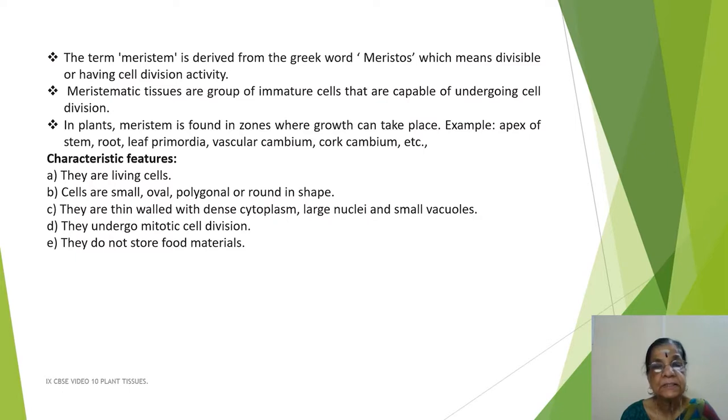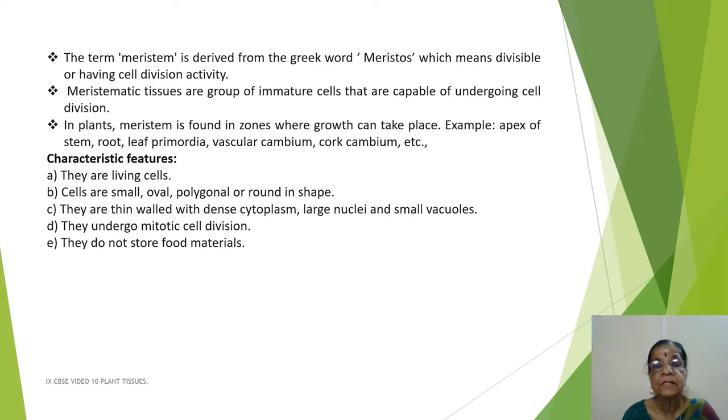And the characteristic features we have learnt now. I told you in the earlier session, they are living cells. They are small, oval, polygonal or round in shape. They are thin-walled with dense cytoplasm, large nuclei and small vacuoles.